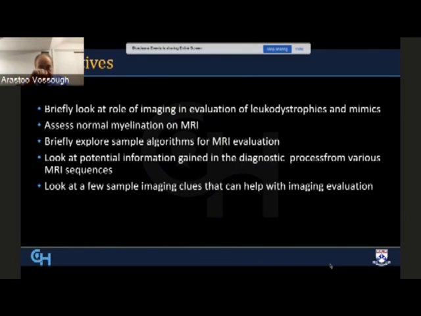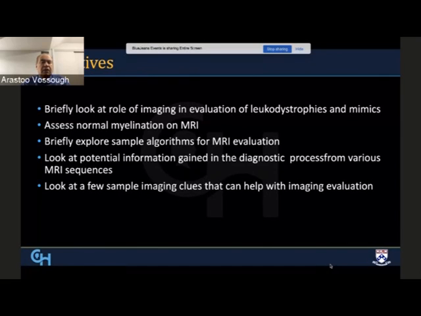Vanderwerf alluded to. We'll start out briefly showing some normal patterns of myelination on MRI. We'll briefly look at a few sample algorithms for pattern recognition and MRI evaluation.